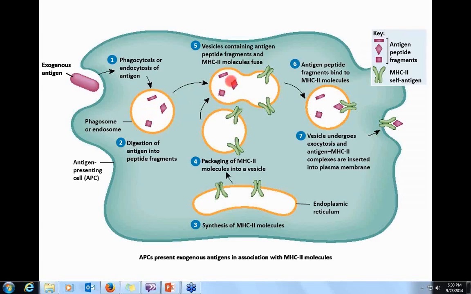Those smaller fragments are mixed with the MHC2, which are the green molecules. They're pushed together, and then they're presented on the plasma membrane. Here, the antigen receptors on T or B cells can recognize the antigen now. Here it was too big, and now it's just right.